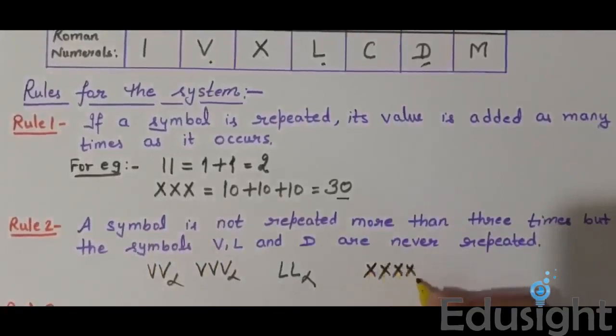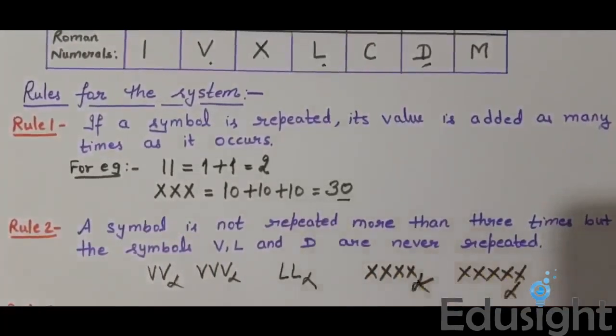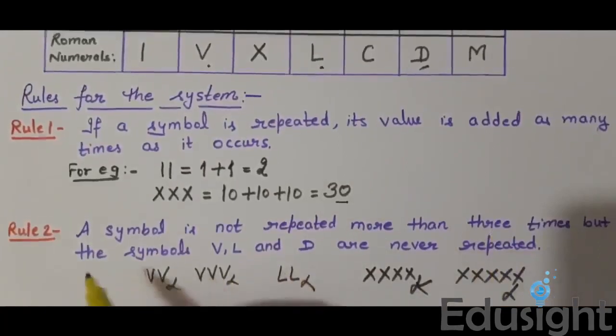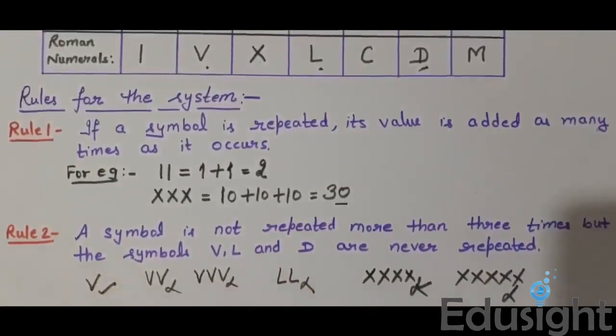I cannot write like this, or 5 times. These are all wrong, right? Any symbol cannot be repeated more than 3 times, and V, L, D are never repeated. They can only be written in the single form: a single V or L or a single D, right?